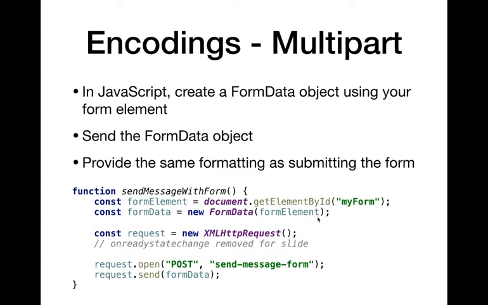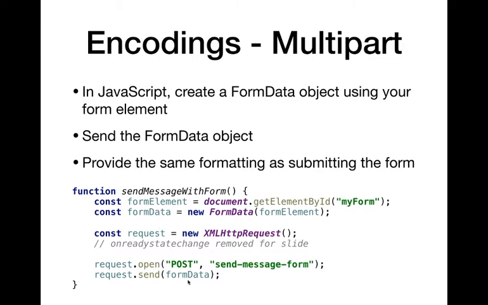But the new stuff that we're looking at here, we can pull the data from the form by taking the HTML element of type form, creating a new form data object, and then just sending that form data object directly in our post request as the body.